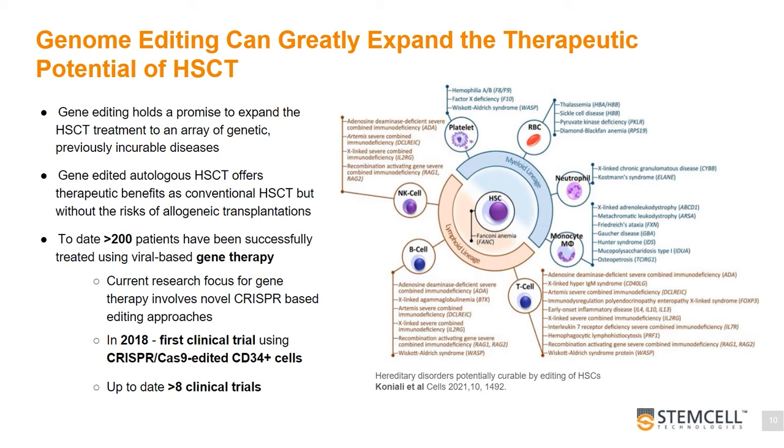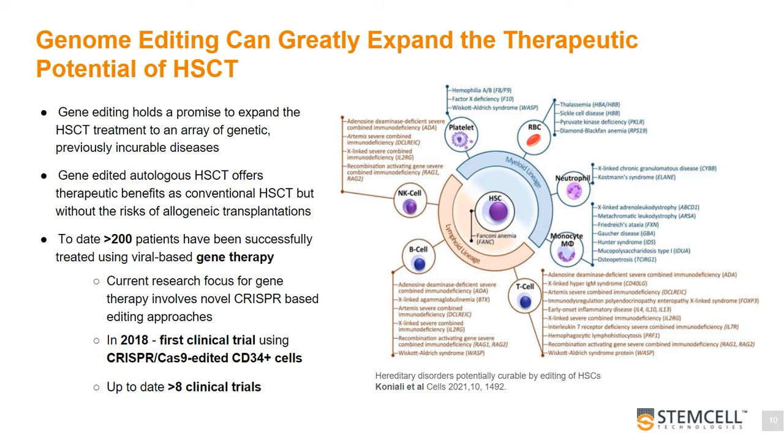Additionally, the ability to genetically modify patients' own cells offers the same therapeutic benefits as conventional transplants, but without the risk of allogeneic settings. Over the last decade, an abundance of preclinical studies have provided proof of concept for the therapeutic potential of gene-edited HSCs.